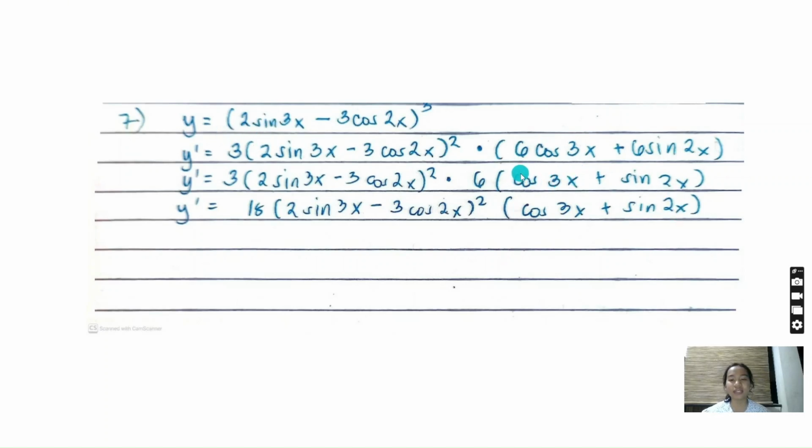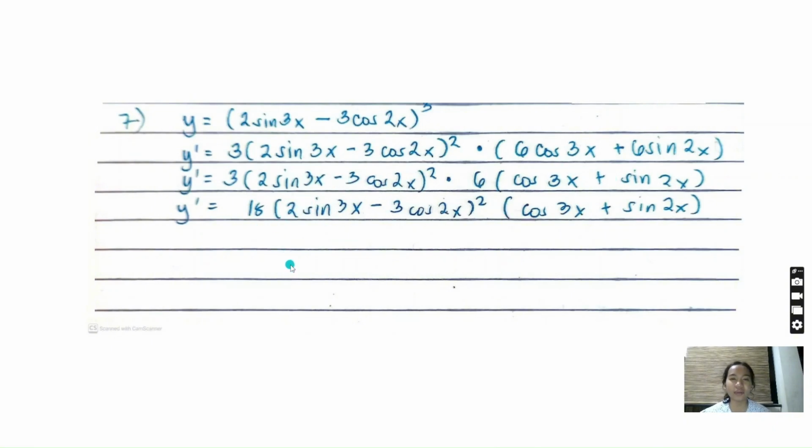So it became 6 cos 3x. And then the derivative of 3 cos 2x, that is 6 sine 2x. Combining them together, I just found a common factor, which is 6, and then enclosed in the parentheses, cos 3x plus sine 2x.